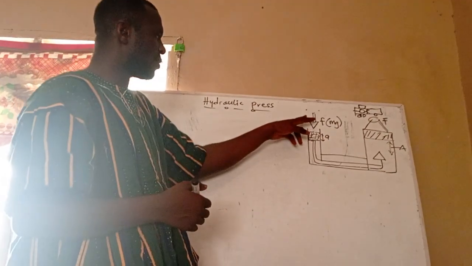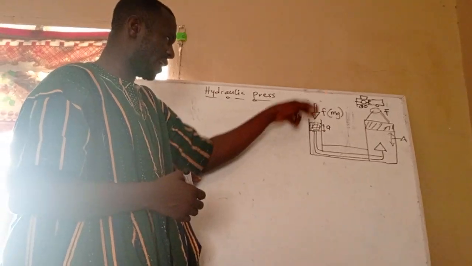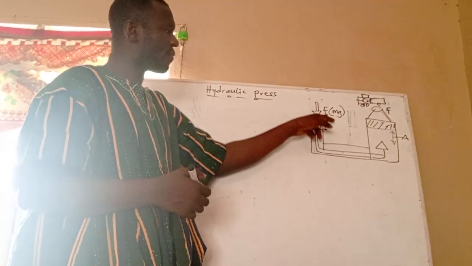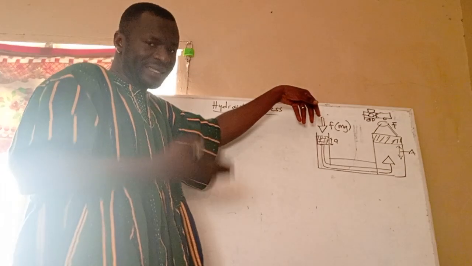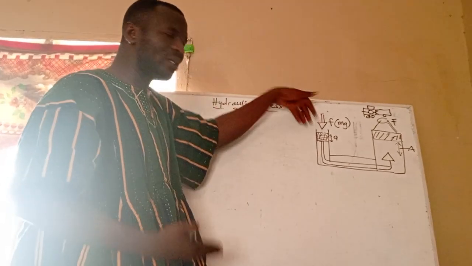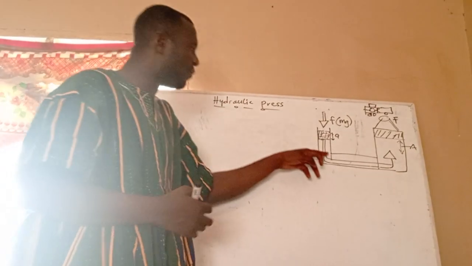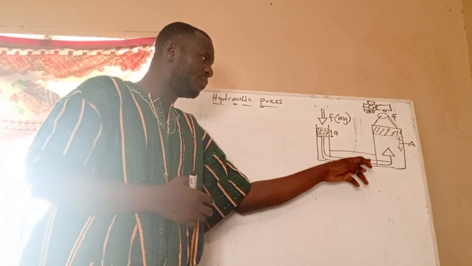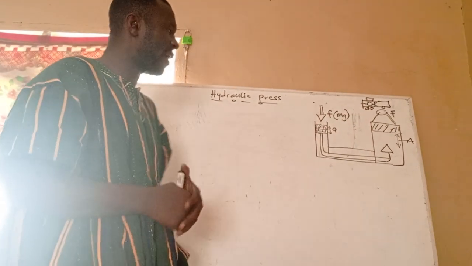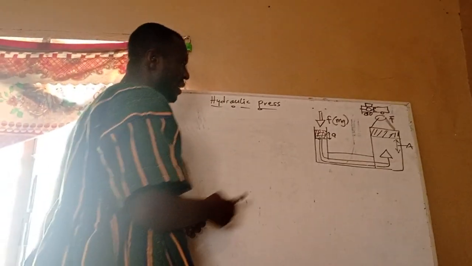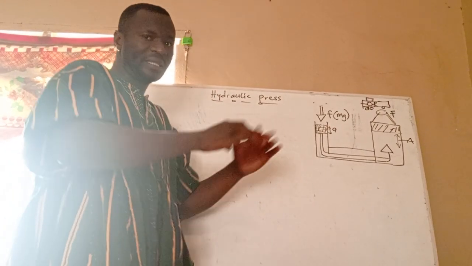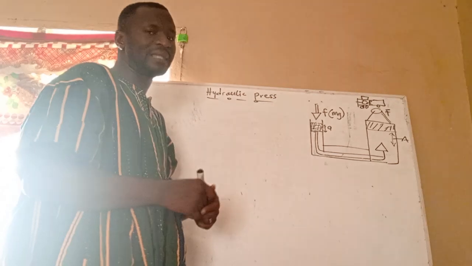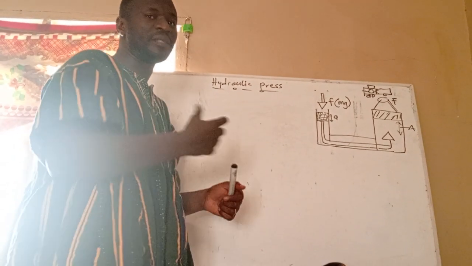So we are assuming that there is a force here, small f, pushing or exerting energy on the master cylinder, which will cause the fluid in the pistons to move to generate a high force. Within the master cylinder, there are some distances which create an area, since there is a presence of pistons.